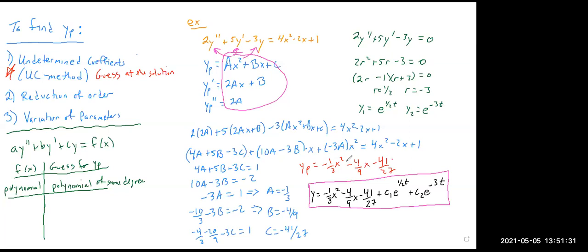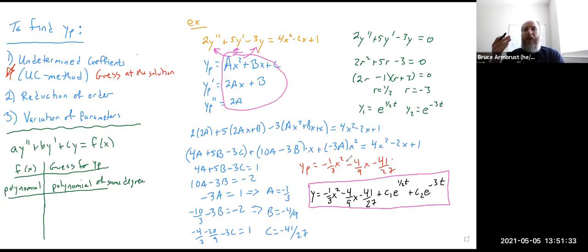All right. So I know this isn't glamorous, and I know that you're begging for some sort of magic, here's how you do it. This is purely, we guess a form and we see what values that form has to take on for it to work. So it's not glamorous whatsoever, but it works.